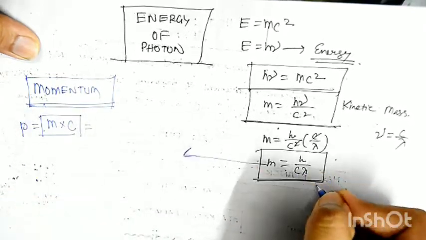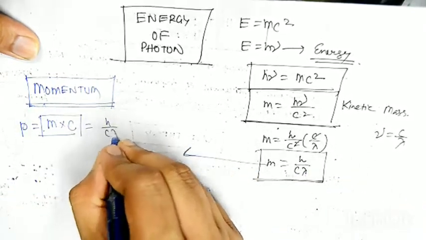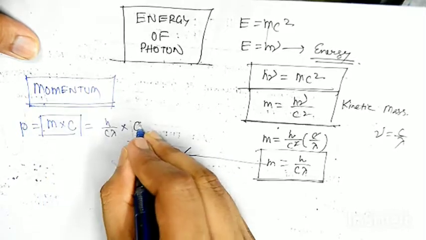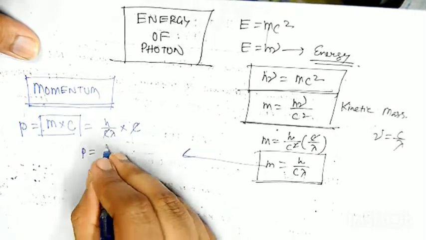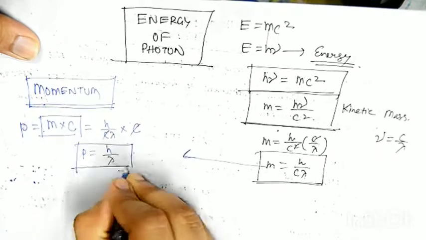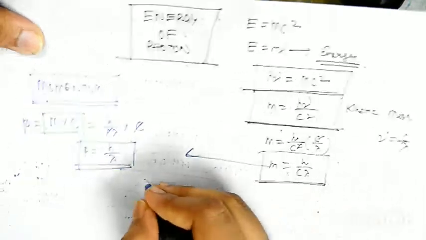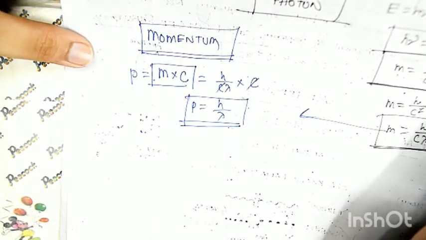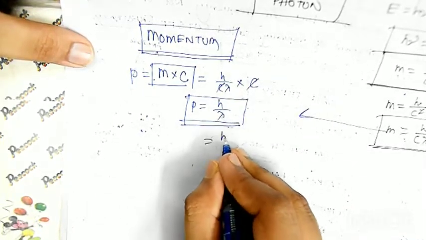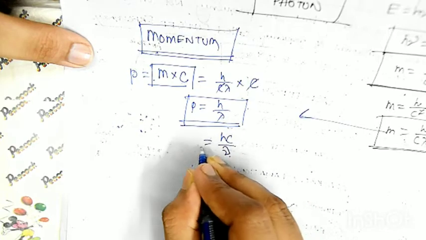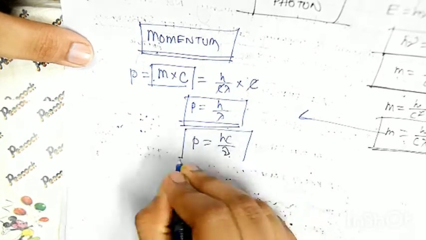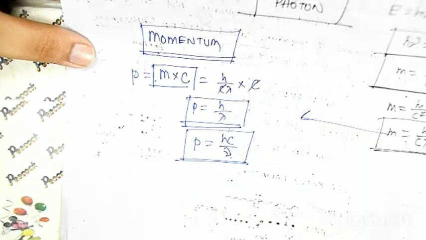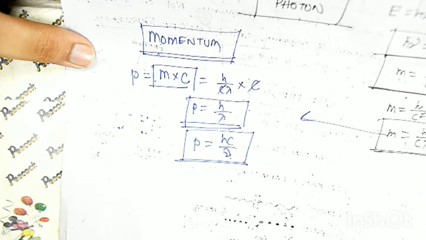What is mass? h by c lambda into velocity c. C cancels, h by lambda is the equation of momentum. If you put lambda as c by nu, it is also h nu by c. It is also the equation of momentum. So I hope you understood it. Equations are important. Thank you.